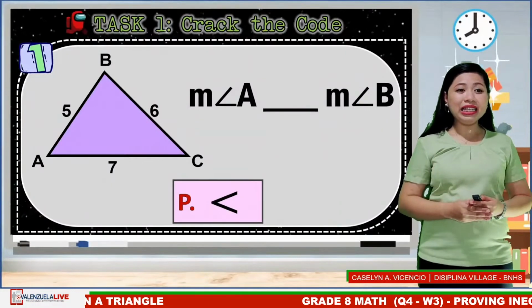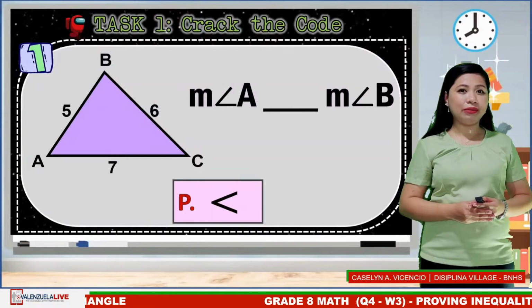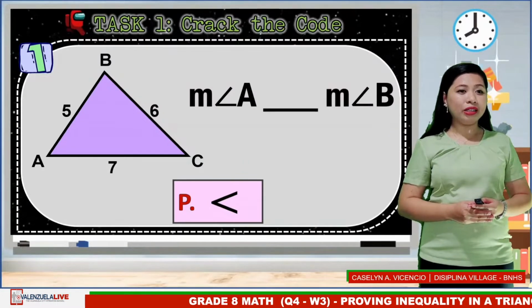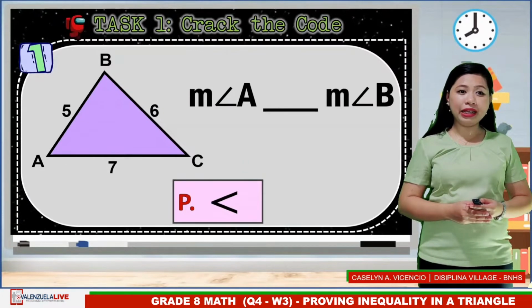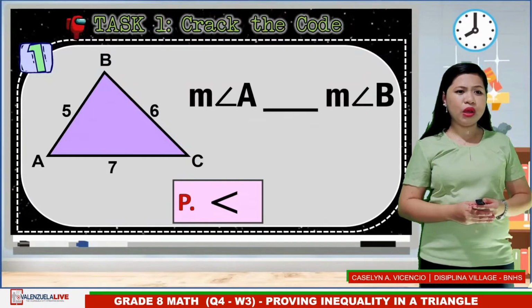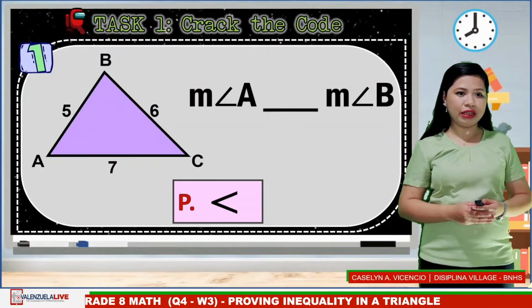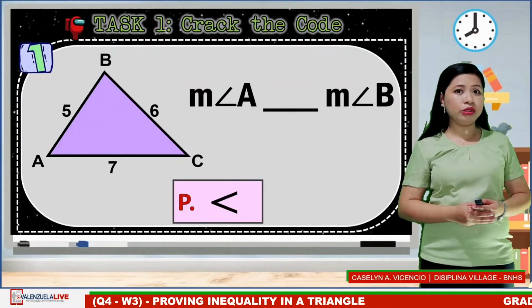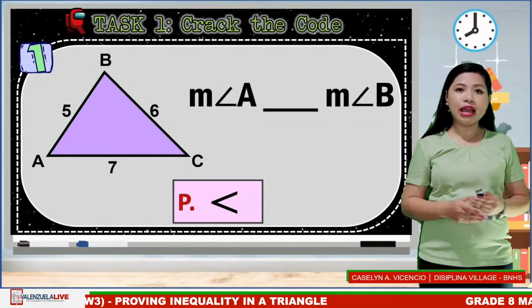Angle A is the opposite angle of side BC, which measures 6, while angle B is the opposite angle of side AC, which measures 7. The measure of side BC is less than the measure of side AC.